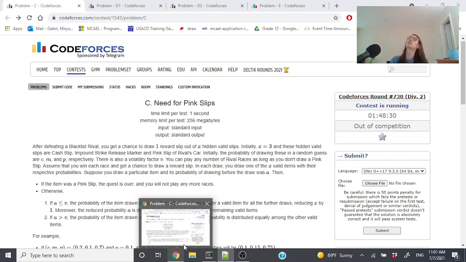Like 0.1, 0.15, subtract from here. So that means I'll give away that 0.5. I feel like there's some it-doesn't-matter stuff going on, but I don't really know how that works.